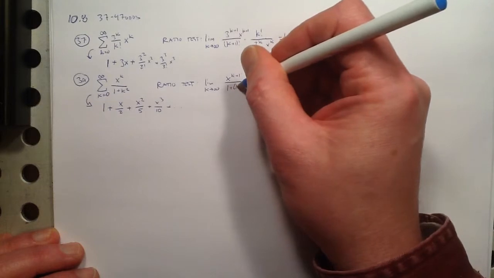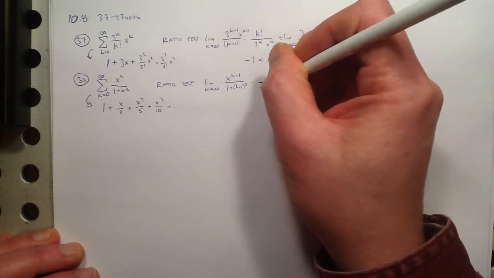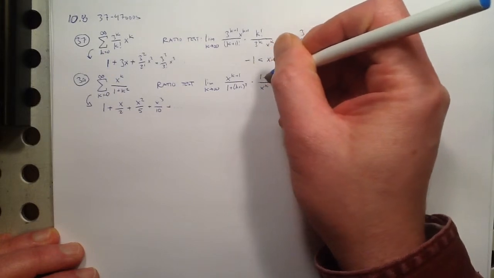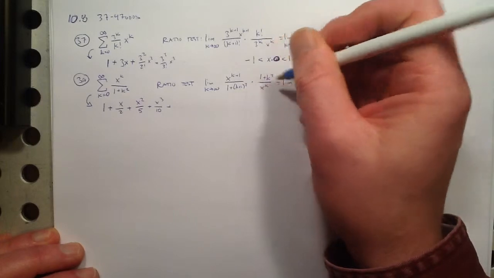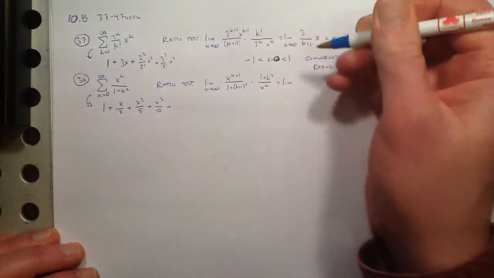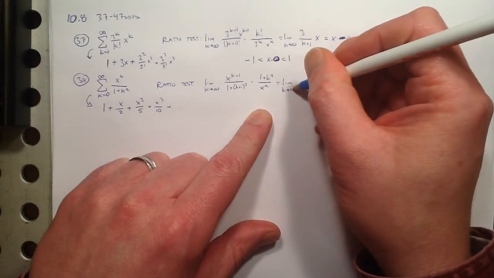1 plus k plus 1 squared times x to the k on the bottom plus k squared on the top. I have one extra x. I didn't leave room there again. Whoops. I'll have to put it at the back.